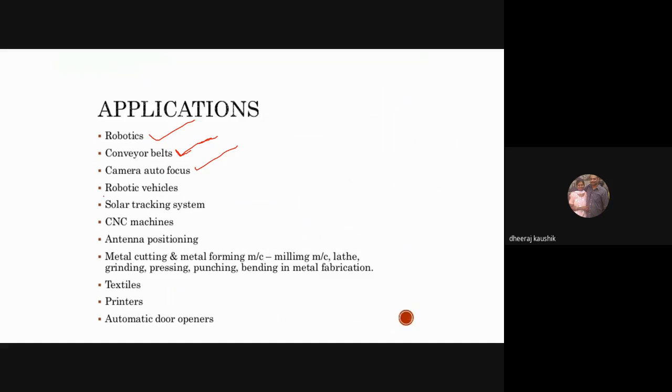Robotic vehicles, like self-driving machines, are another example. Servo motors play a very key role there. Then there is the solar tracking system. You can use a light sensor in combination with a servo motor.